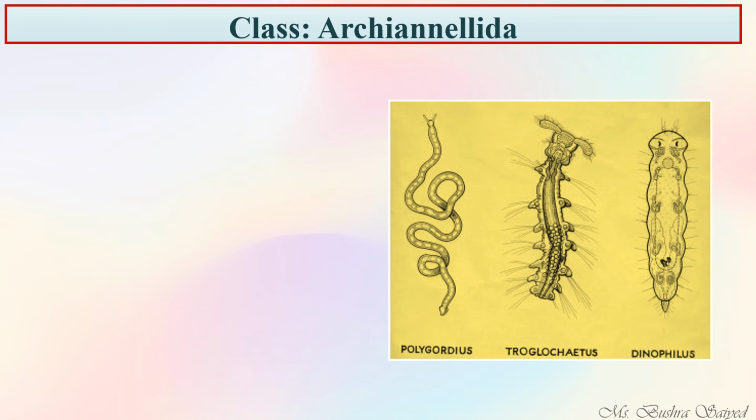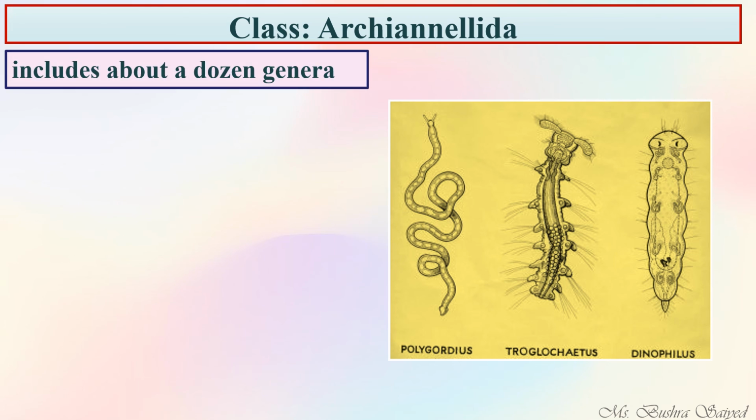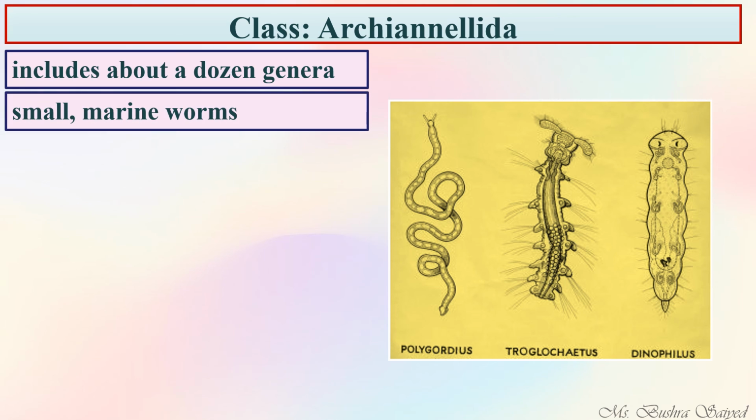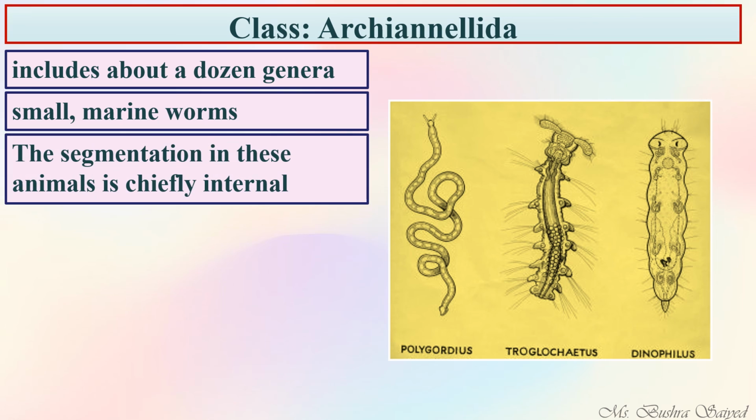Coming to the last class of Annelida, we have the Archiannelida. This particular class consists of a dozen genera, around 12 to 15 different genera. They are small marine worms.